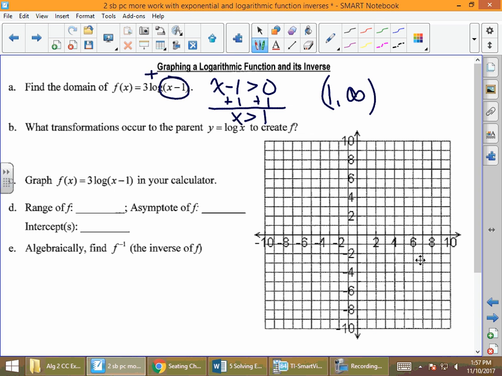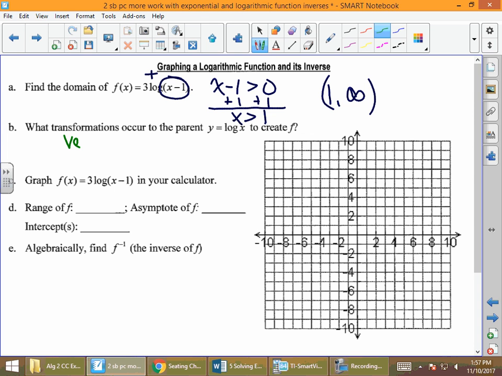Now let's see what we remember from our previous units here. It says what transformations occur to the parent function of y equals log of x to create that function. So in other words, what does 3 in front of the function do to the function? How does it transform it?